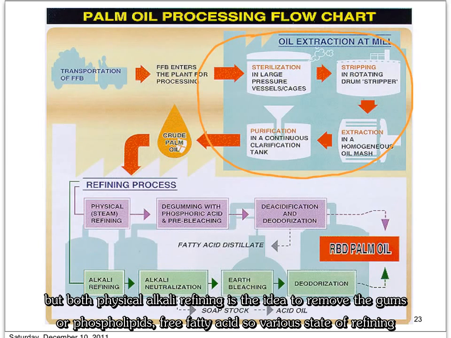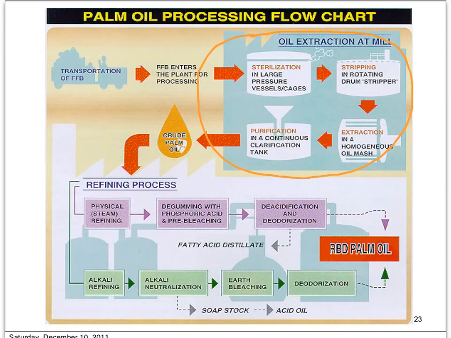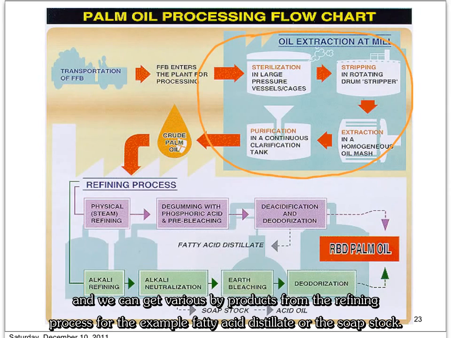But both, whether physical or alkaline refining, the idea is to remove the gums or phospholipids, free fatty acid, so various stages of refining. And finally we will get the refined oil. RBD palm oil here means refined, bleached, and deodorized palm oil. And we can get various byproducts from the refining process, for example, fatty acid distillate, or the soap stock.